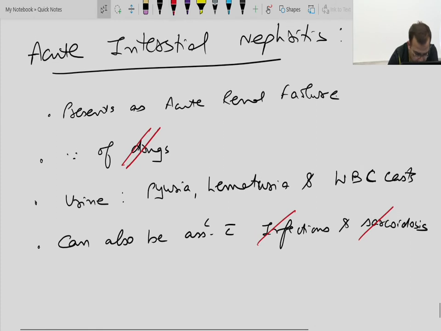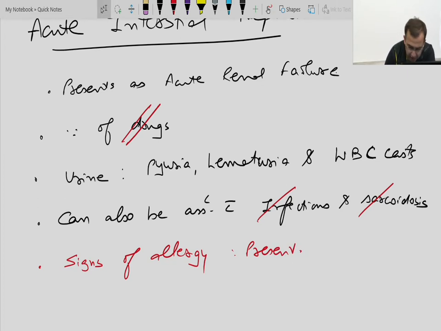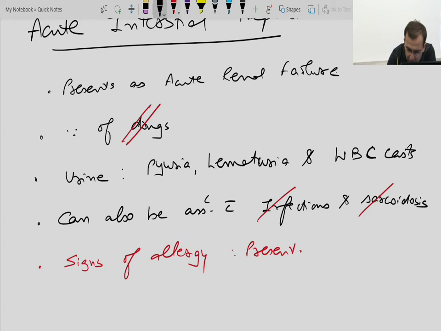Next point, signs of allergy. Signs of allergy are present in some patients. What do we mean by signs of allergy? That is rash.